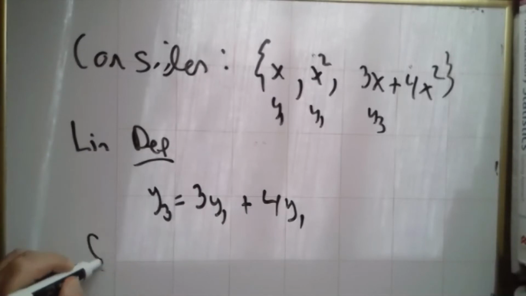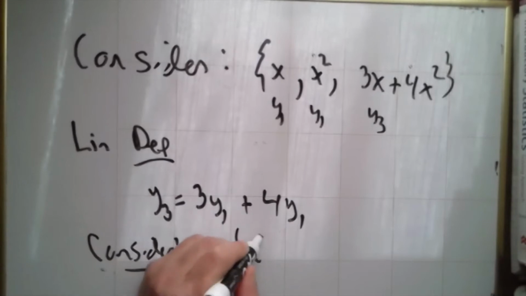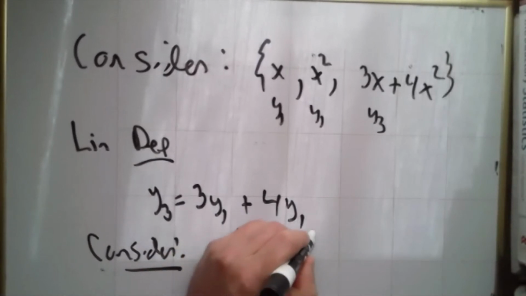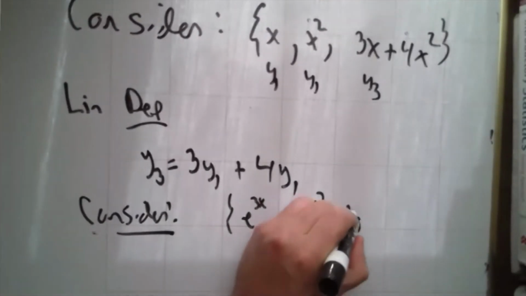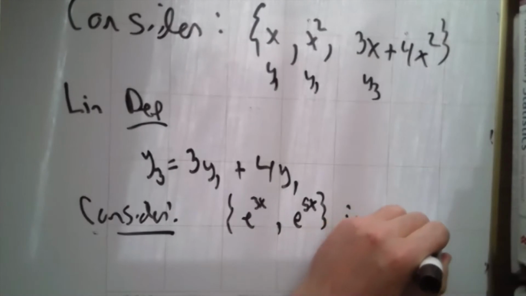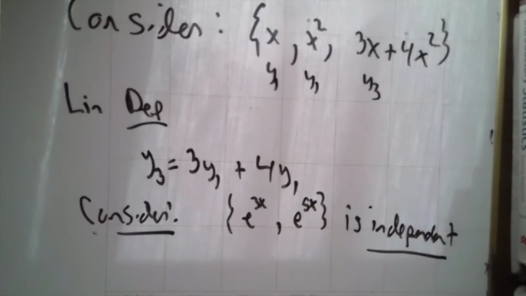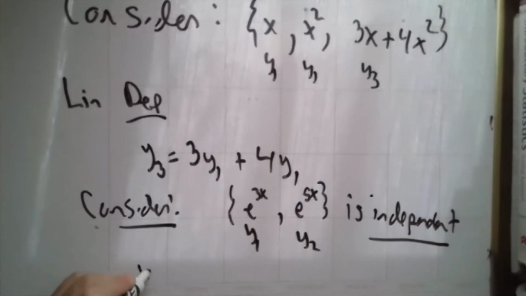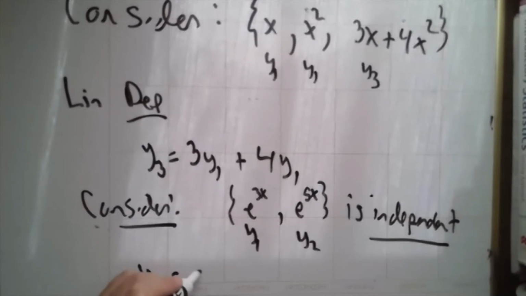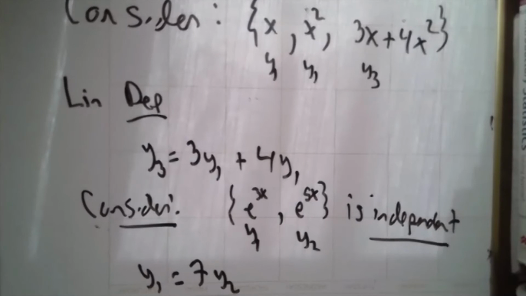This set, the ones we had before, e to the 3x and e to the 5x, is independent. That's the good one. It's impossible to multiply one of these by a number and get the other one. If we call this y1 and y2, you can't say y1 is just some constant 7 times y2. No matter what number you put there, it's not going to work.